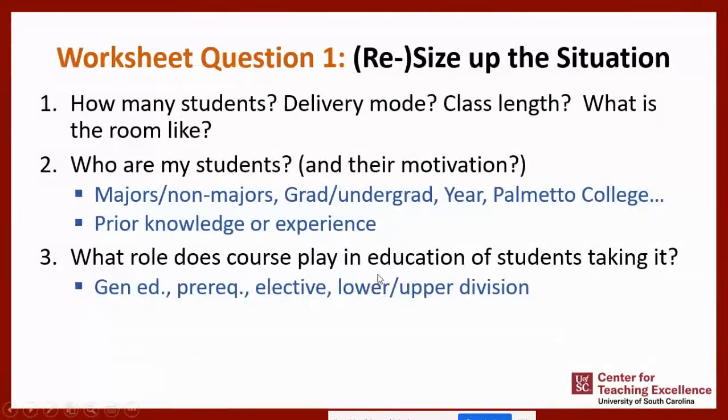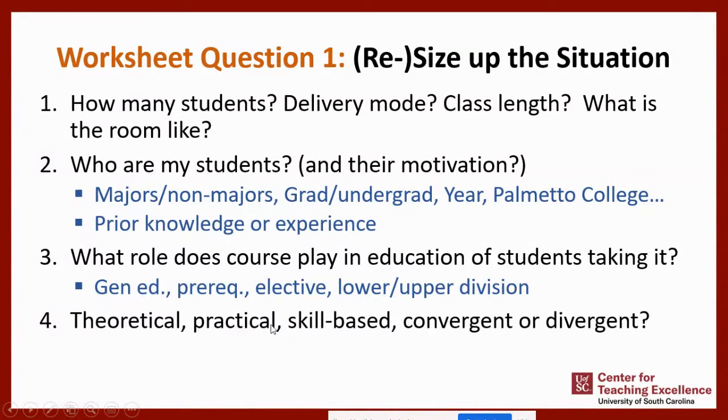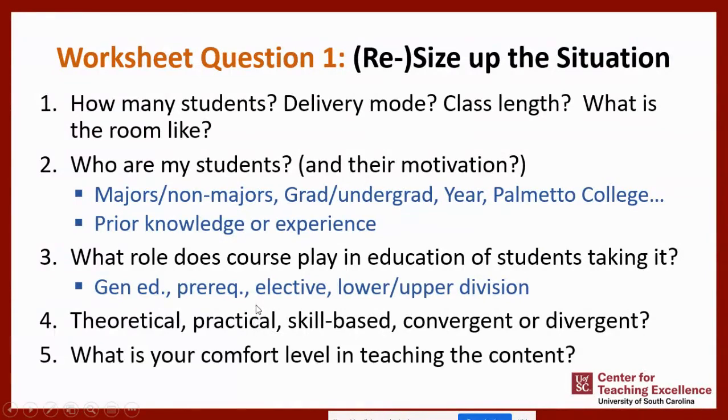That changes how I do different types of assessments. Is it a theoretical style course or more practical and skill-based? Are you having them take things apart and analyze, or put the pieces together? Is it convergent versus divergent learning?